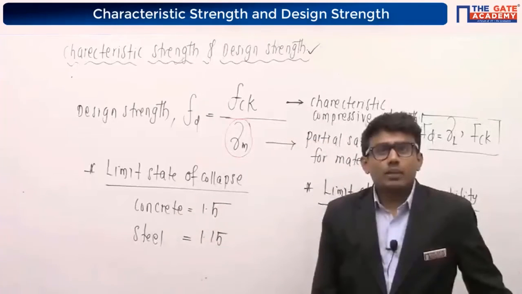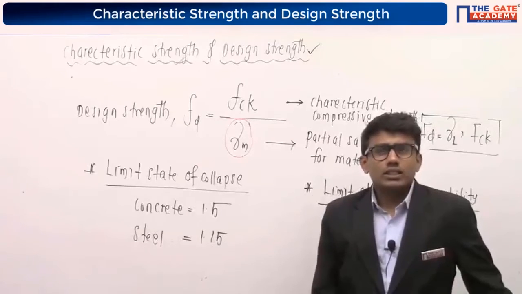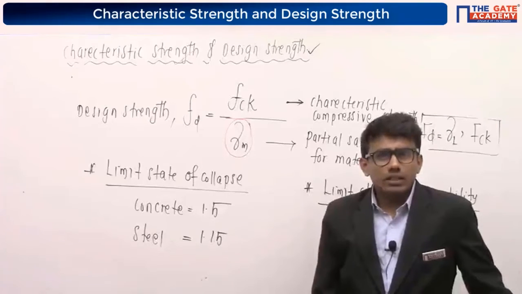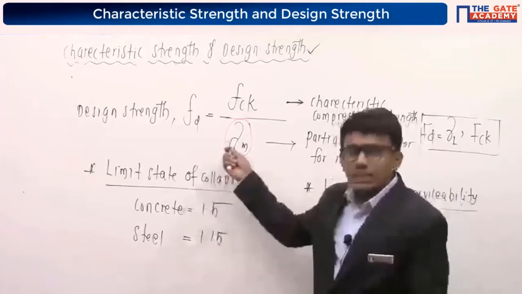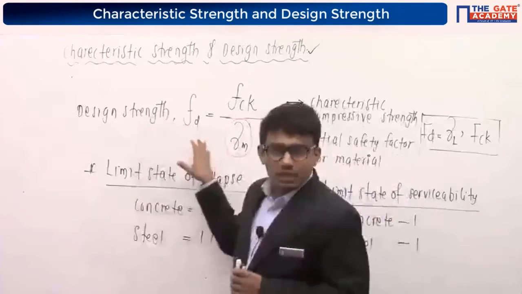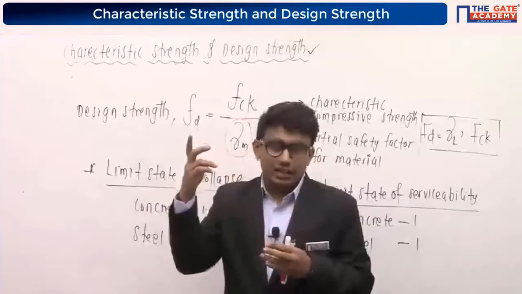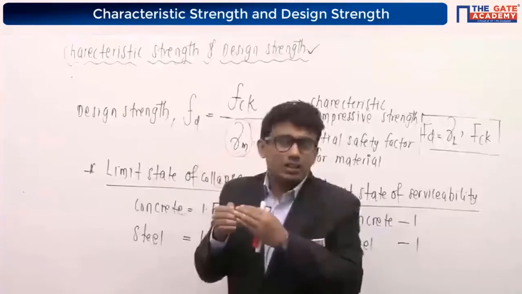What happened? In the design strength, okay. Sir, you wrote divide, not multiplication? Here you wrote divide, not multiplication. See, it is here. I told you in the limit state method, strength will be underestimated. If the characteristic strength is 50 and I am designing it for 100, we have to underestimate the strength of the structure.